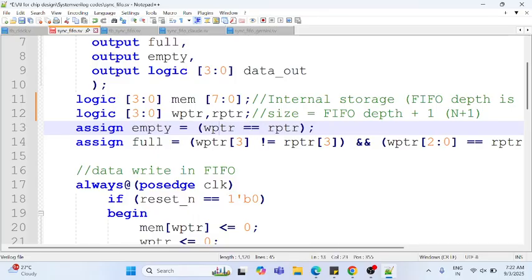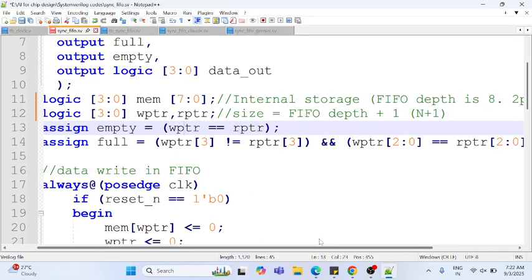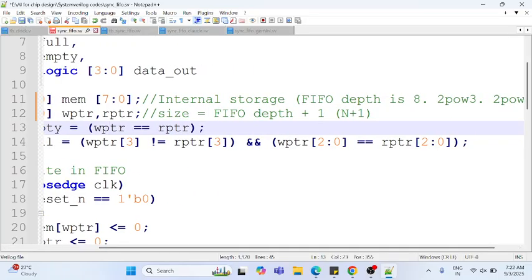Then the full condition. What is the full condition? Read pointer of 2 colon 0 equal to write pointer of 2 colon 0. Now read pointer and write pointer are of 4-bit width. We are discarding the MSB and taking the other bits other than the MSB.